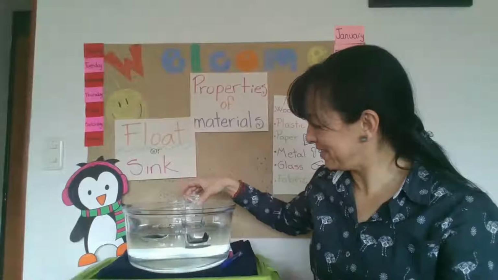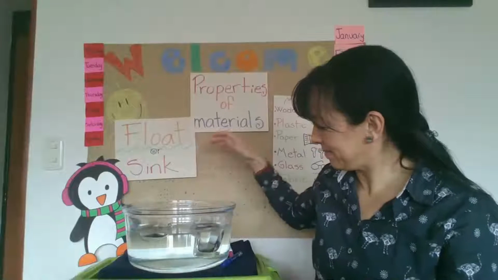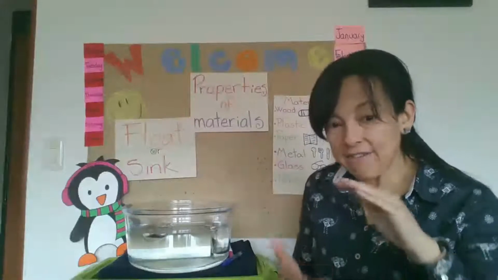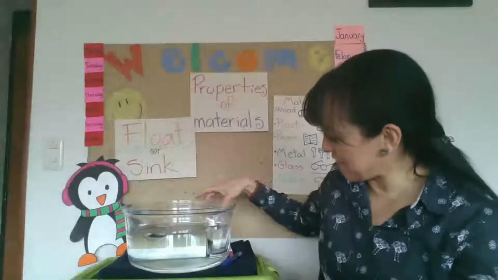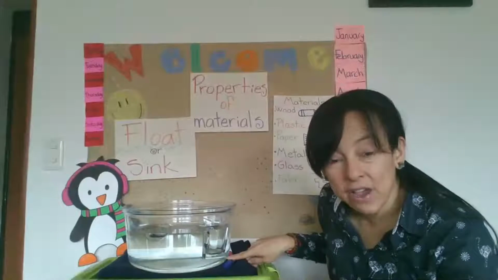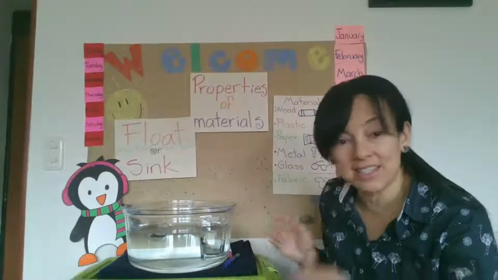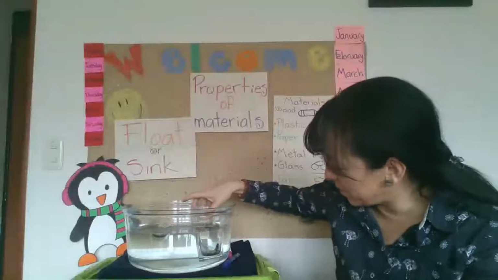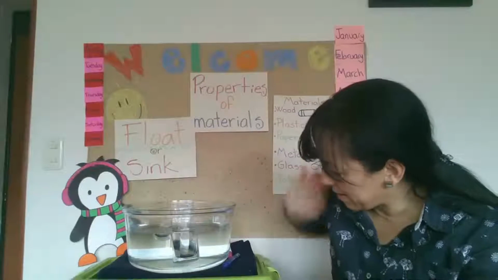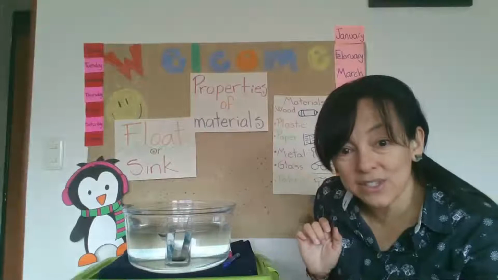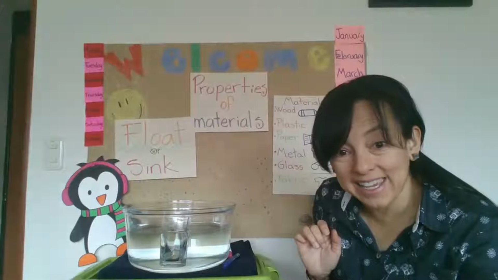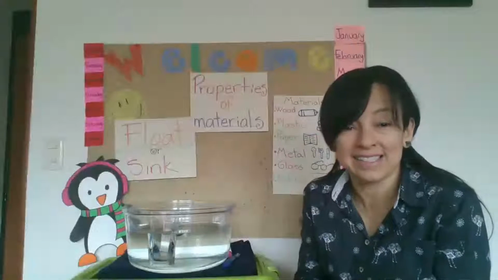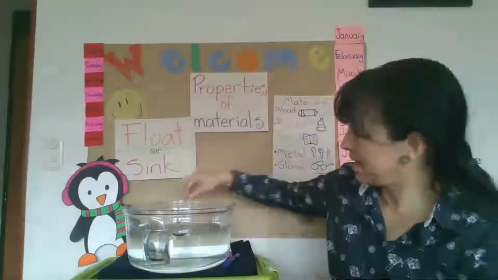Go. Okay, this glass is heavier, but it's floating. Look, it's not touching the bottom of the pot. Can you see? It's floating, right? But it is a heavier glass than the bottle.